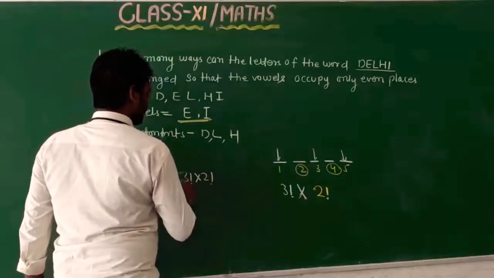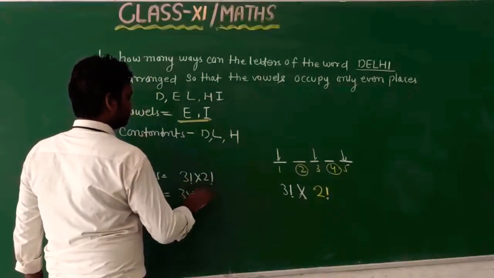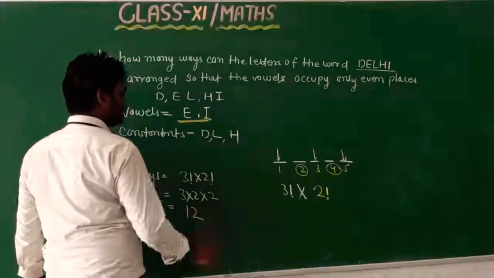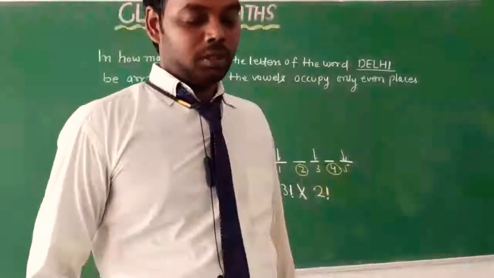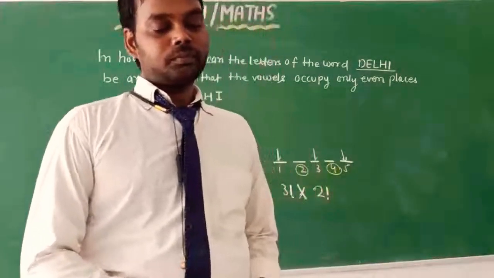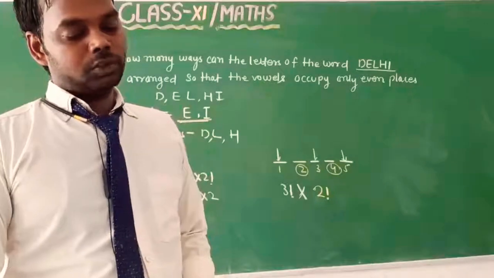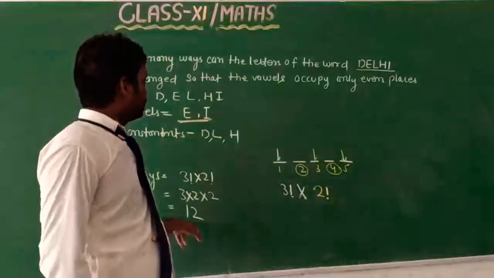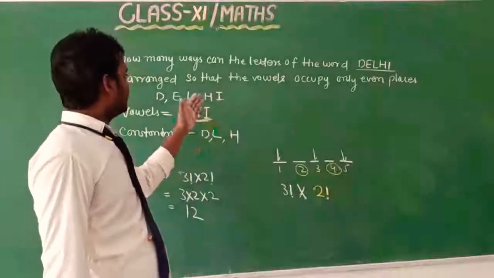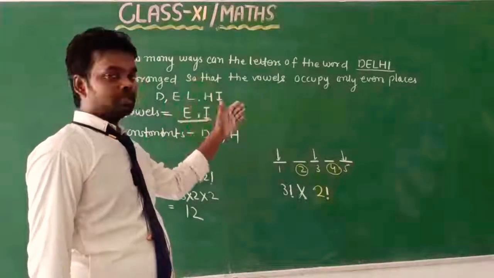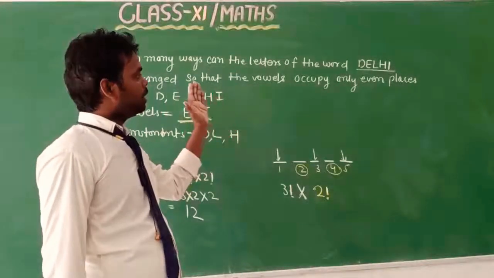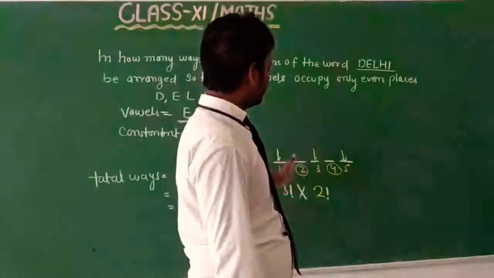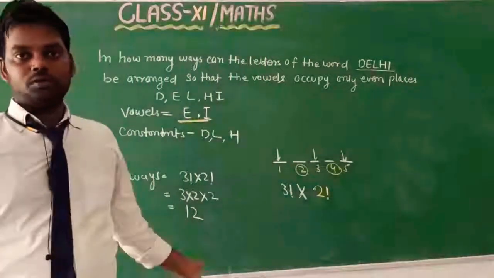Okay. And this is 3 into 2, and this is 2 into 6, 12. Okay, 12. So there are a total of 12 ways to arrange the letters of the word Delhi so that vowels occupy only even places, means vowels always occupy even places. So the total ways is equal to 12.